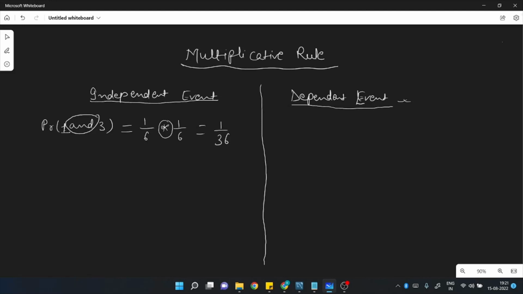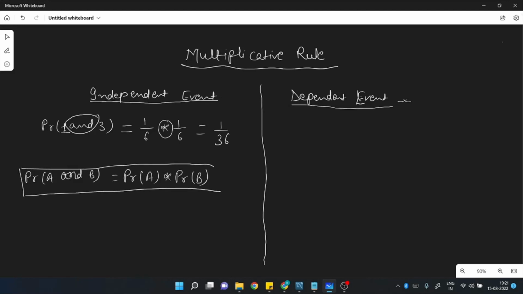Now, the general formula for the multiplicative rule of independent events is probability of A and B equals probability of A multiplied by probability of B. This is the formula you need to keep in mind for independent events. This is important.